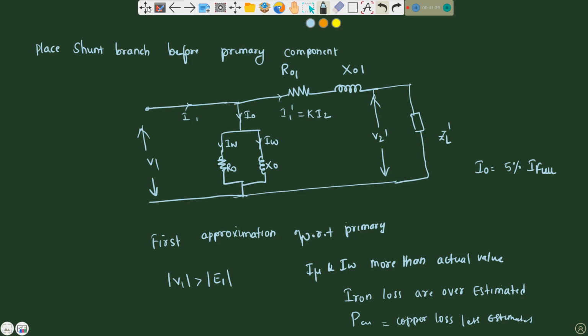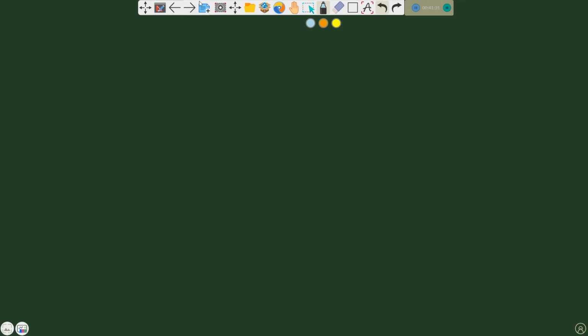Now let us see the second approximation equivalent circuit with respect to primary side. In the second approximation equivalent circuit, the shunt branch is completely removed. In the first case we shifted the shunt branch first, after the excitation. Later we considered the winding resistance and inductive reactances.